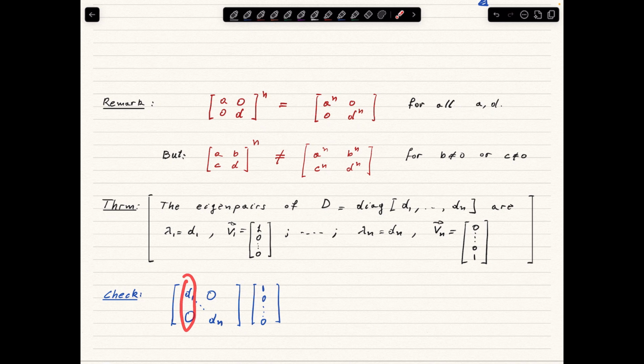The first column has one non-zero element in the first component and 0 everywhere else, and this is what is going to be multiplied by 1. So we are going to end up with d1, 0, and then zeros up to the end. Then we can pull out the common factor d1, and we obtain the vector 1, 0, 0, 0, 0. And there it is. This vector is an eigenvector, and this number is the eigenvalue. So this is lambda 1, and therefore this is v1.